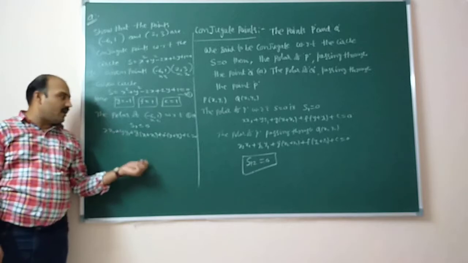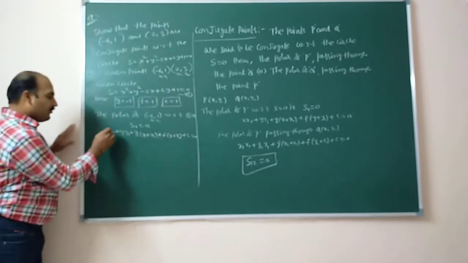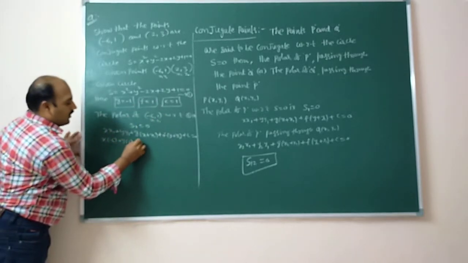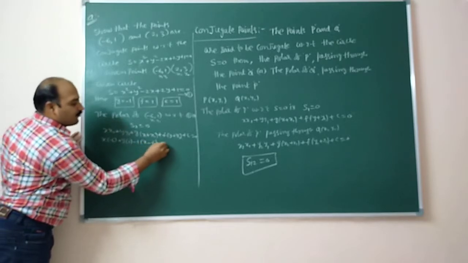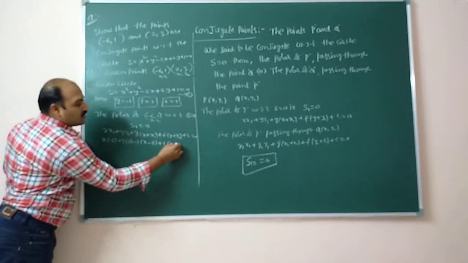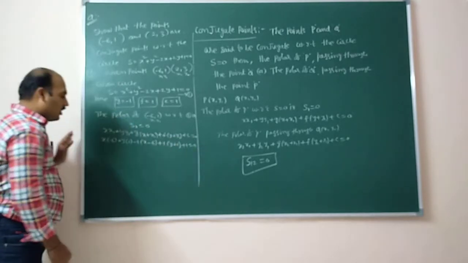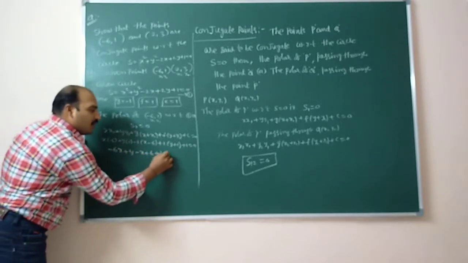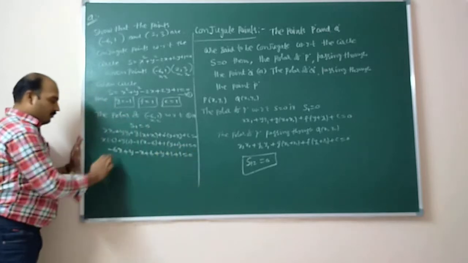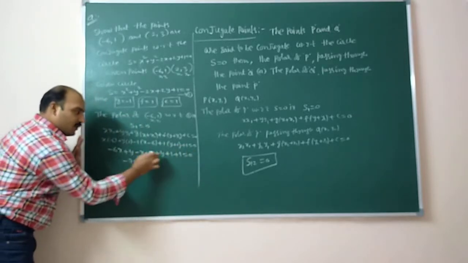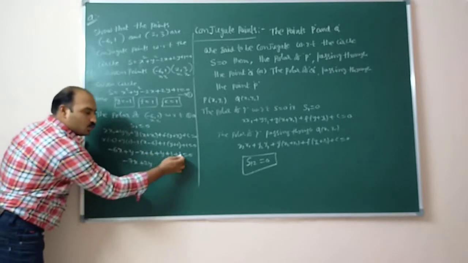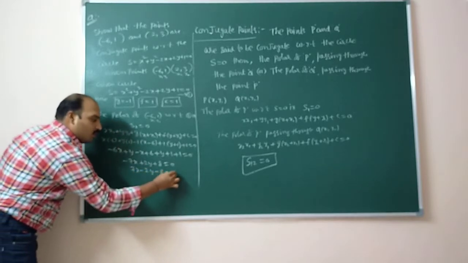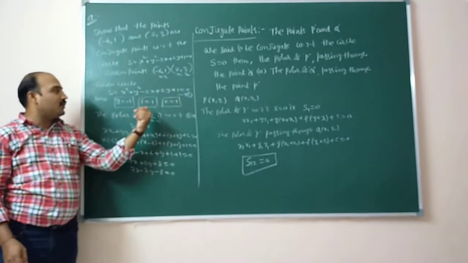Now directly we substitute the values of x1, y1 and g, f, c. x into minus 6 plus y into 1, g value minus 1 into (x plus minus 6) plus f value 1 into (y plus 1) plus c value 1 equal to 0. Now simplifying: minus 6x plus y minus x plus 6 plus y plus 1 plus 1 equal to 0. Minus 6x minus x is minus 7x, plus y plus y is 2y, 6 plus 2 is 8. Multiplying by minus, it becomes 7x minus 2y minus 8 equal to 0. This is the polar of the first point with respect to the circle.